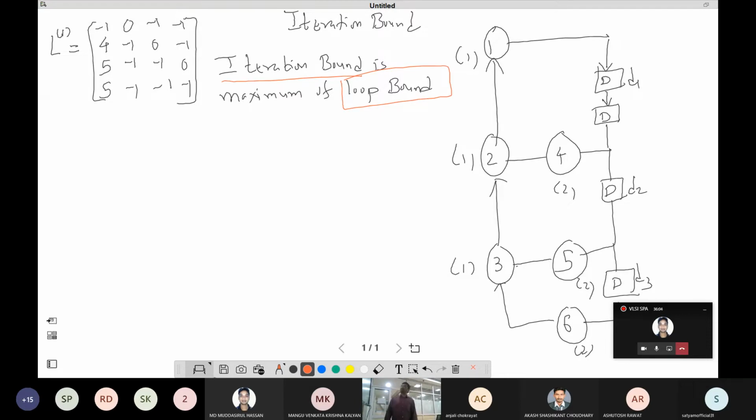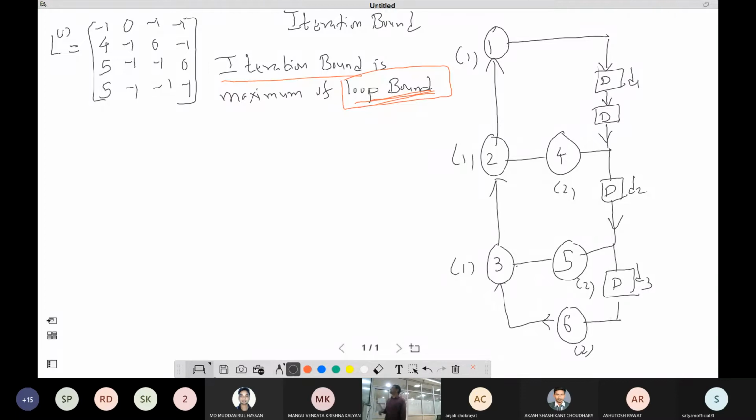Now, for the loop bound, you need to first observe the number of loops in the graph. So for this particular graph, I believe the direction is defined.